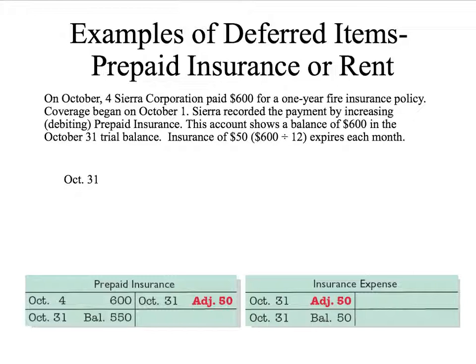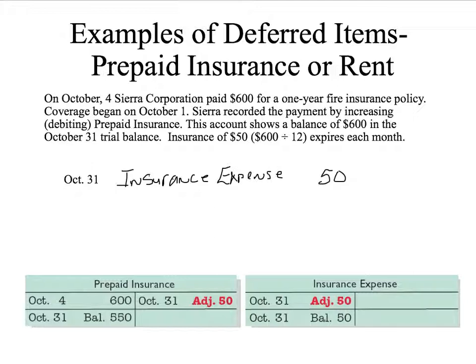So you can see down here we need an adjusting entry to reduce the prepaid insurance and to recognize the insurance expense. So that entry would be debit insurance expense, always a debit for an expense, and it's for 1 month, $50.